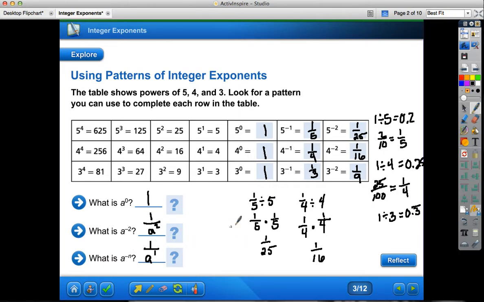So when you're looking at negative exponents, you know that you're going to get a fraction, and that fraction is going to be 1 over the base to the positive power. So if I had a to the negative 9, my answer would end up being 1 over a to the 9th power.